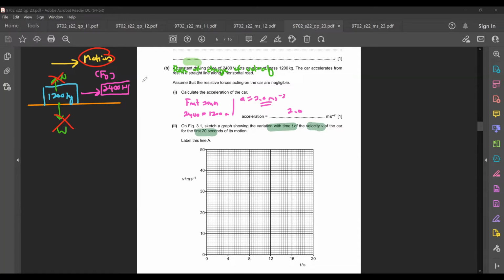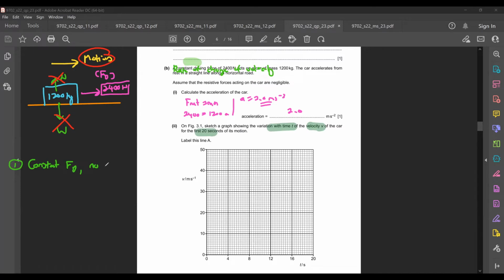If you look at the case on the left here, they told you that you have constant driving force, right? So you have constant driving force and then no air resistance, or rather no resistive forces.